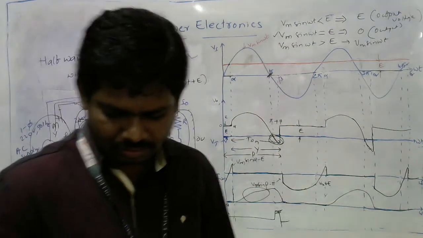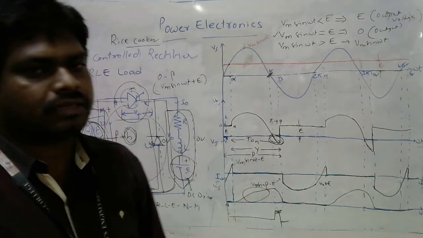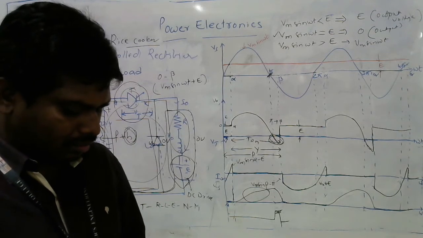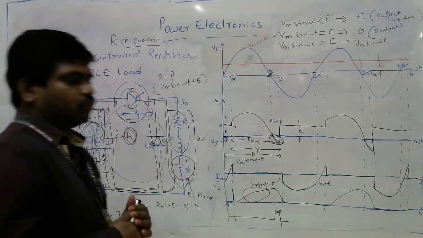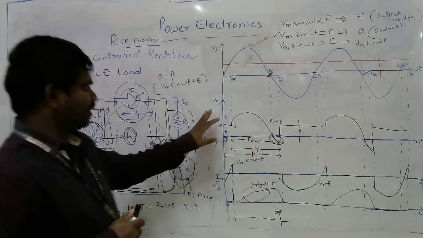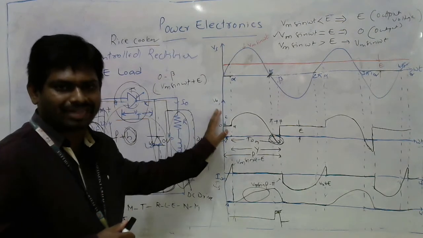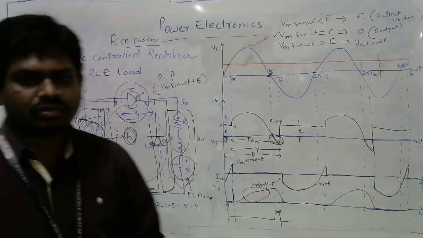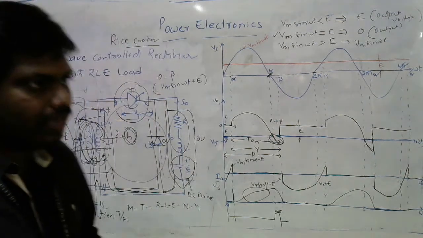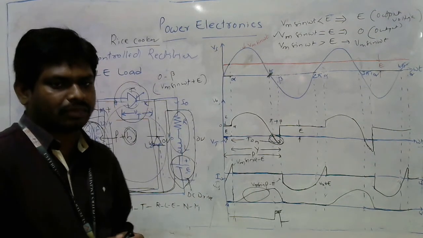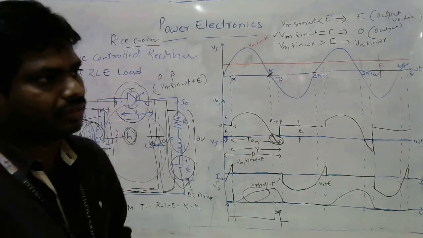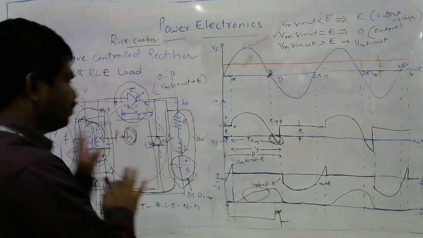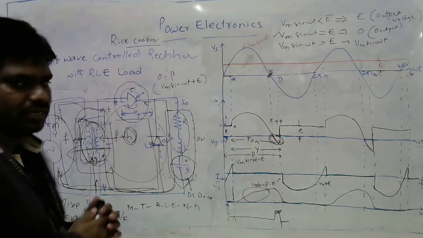In general, this type of half-wave controller is used for theoretical purposes. Why? Because the DC value that we get at the output side is not a pure DC. Using a half-wave controller, we couldn't get a pure DC at the output terminals of the power processing unit. That's why in practice these are not in usage.